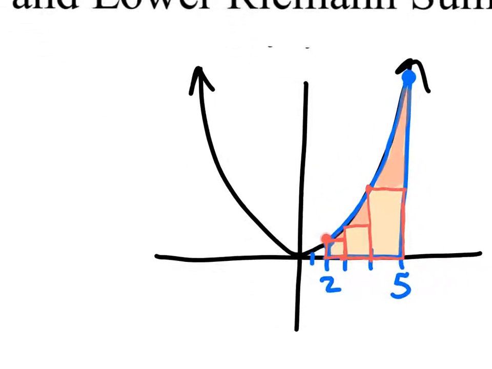Okay? So that point there is the point 2, 4. This point we already had was 3, 9, and this point here was 4, 16. So what are the areas of our 3 rectangles if they're each 1 unit wide?